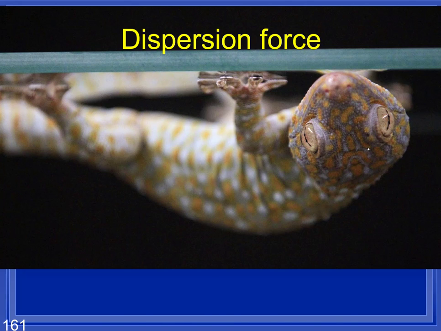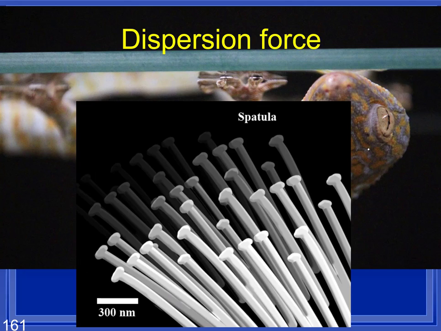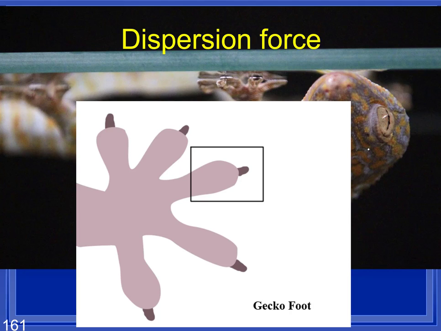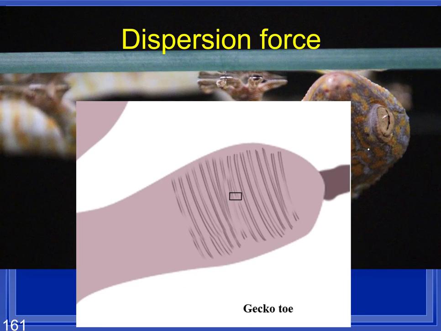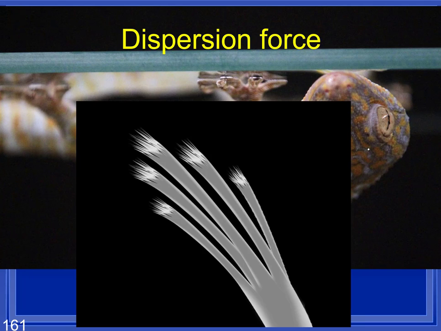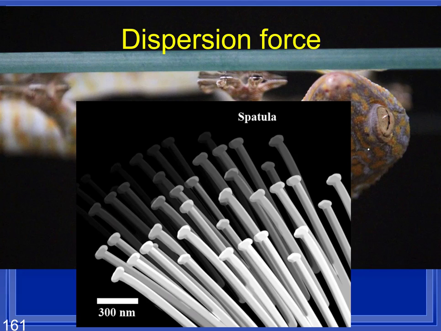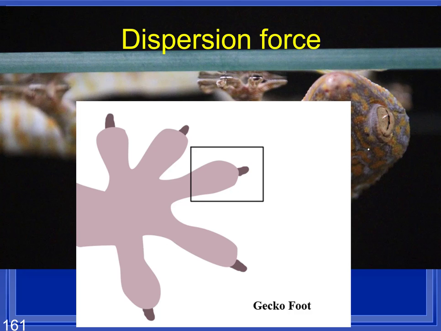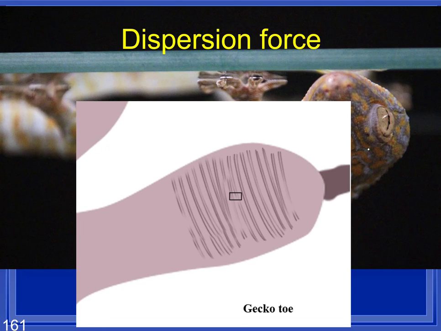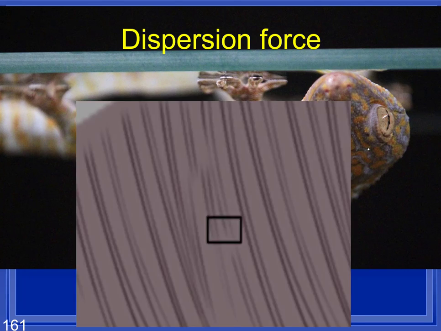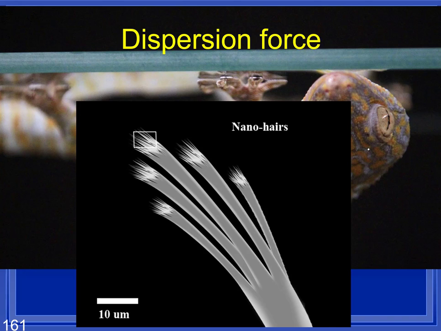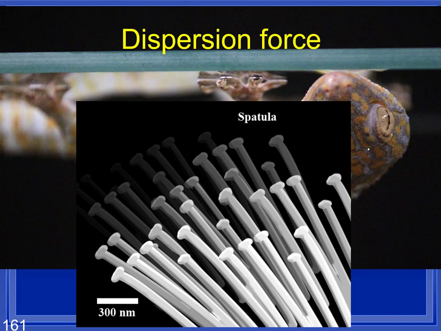Because it's actually hanging with its foot has got tiny little hairs. Those tiny little hairs have frayed ends. The ends of those frayed ends are nice and flat, and it is using the dispersion forces between those flat pieces and the glass to hang from. It's not sticky. It's all perfectly dry.